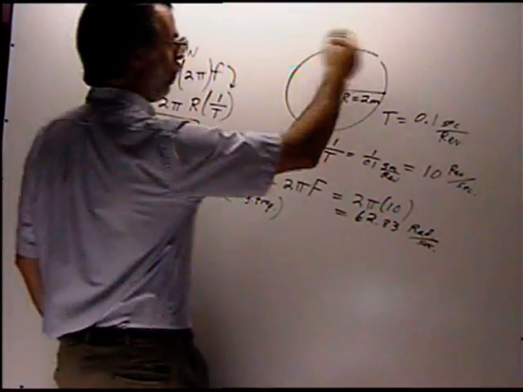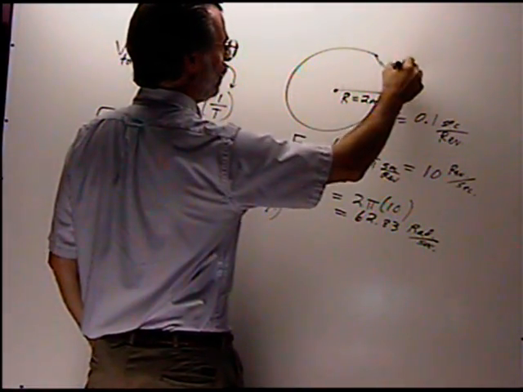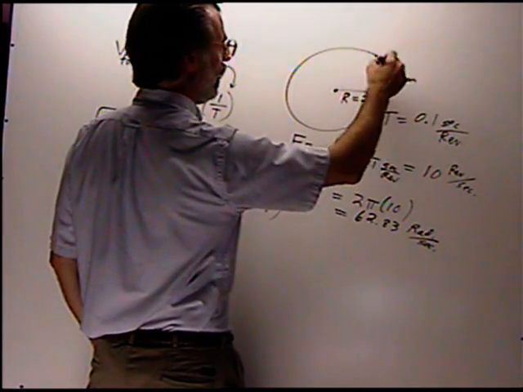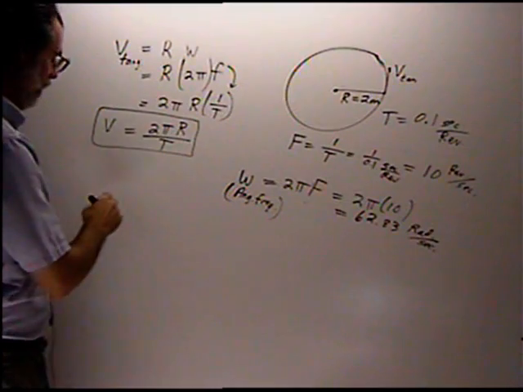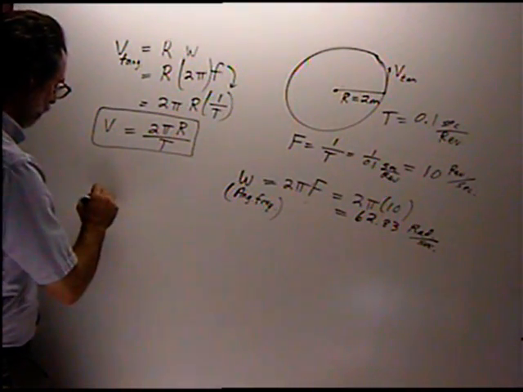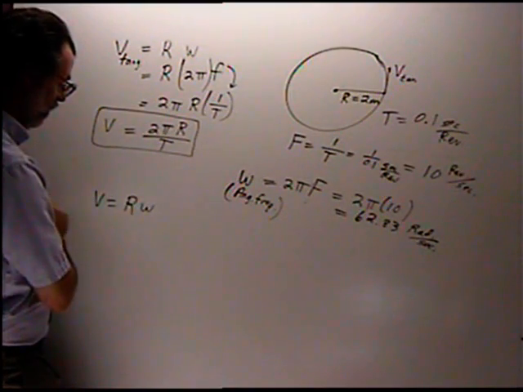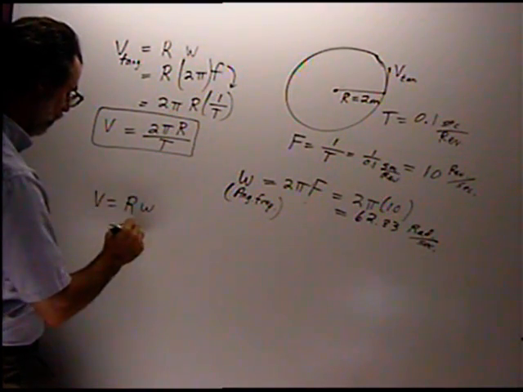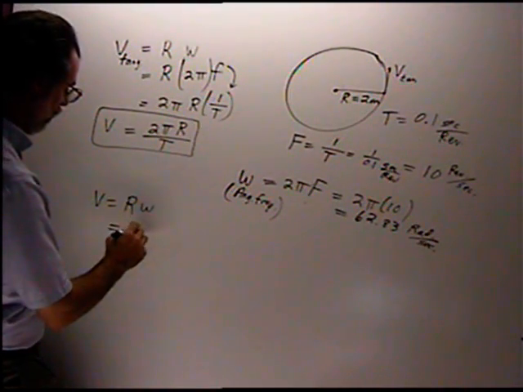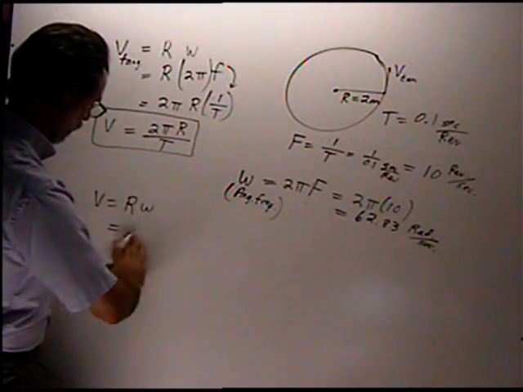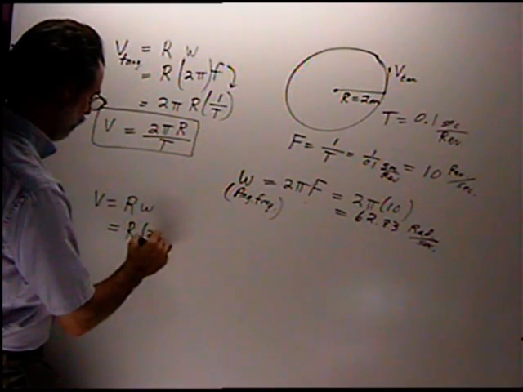Okay, what would be the actual tangential velocity? This is a tangential velocity. The actual velocity that this rock is really seeing as it flies around. The tangential velocity, we can say, is r omega. We can also use the idea that it's r times 2 pi f.